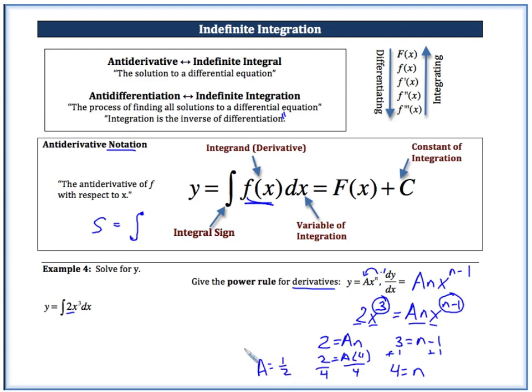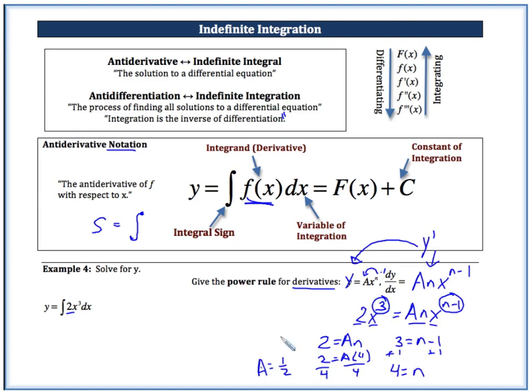Okay, so how does that help us solve our problem here? Well, remember, this right here is your derivative, or y prime. And this here is our y. And the process of finding an antiderivative is going from this y prime to the y. And so we know the y prime here was a n x to the n minus 1, which was 2x cubed. And what we did is we found out what a equaled and what n equaled.